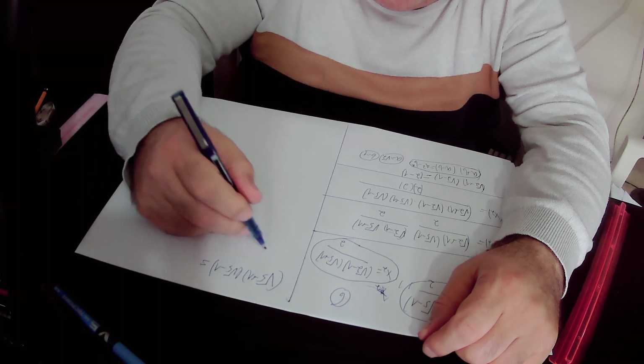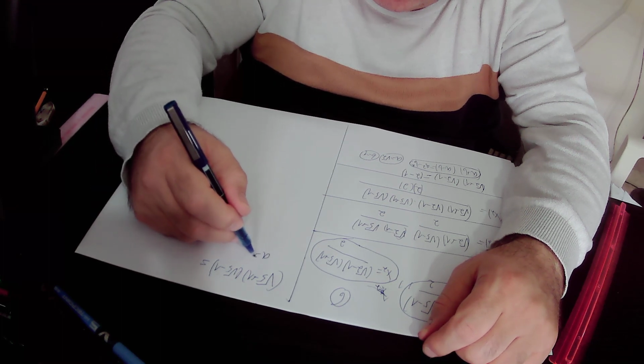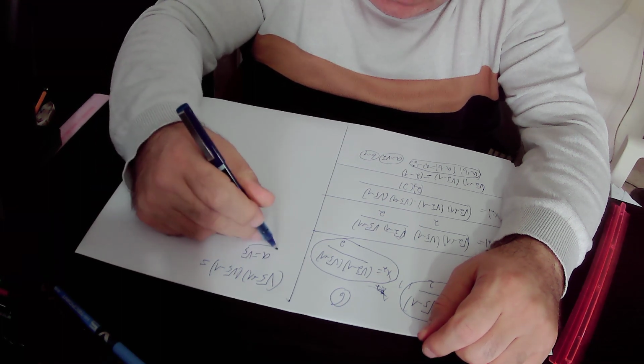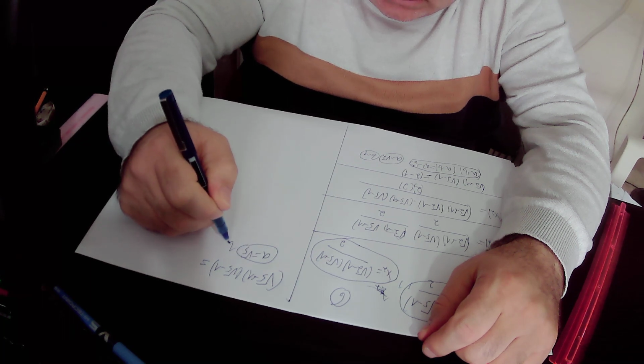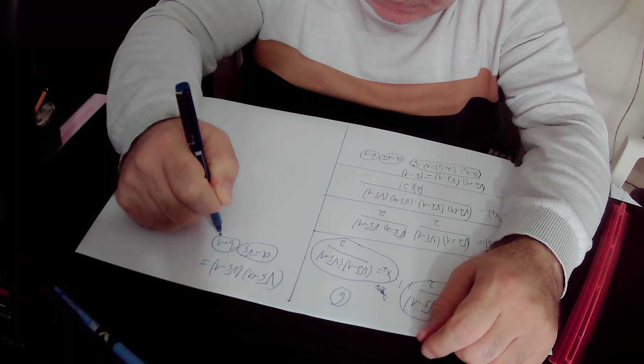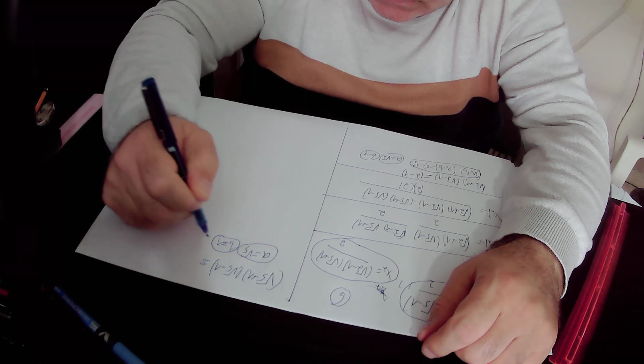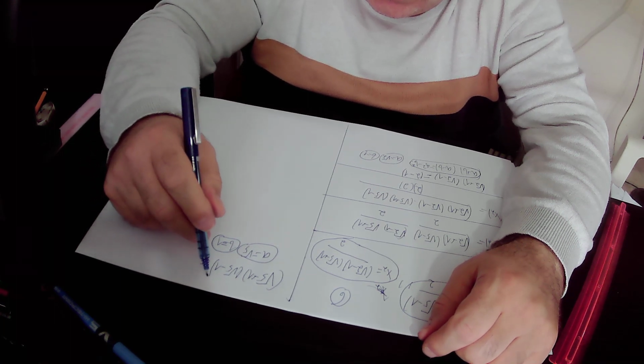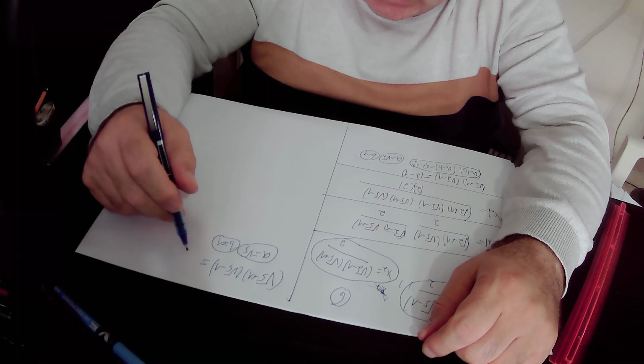If a equals square root of 5 and b equals 1, our expression equals a squared minus b squared.